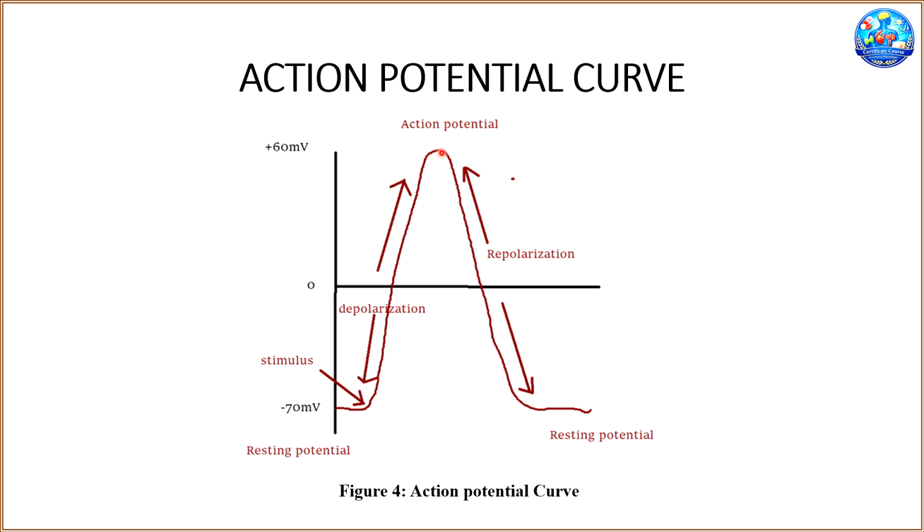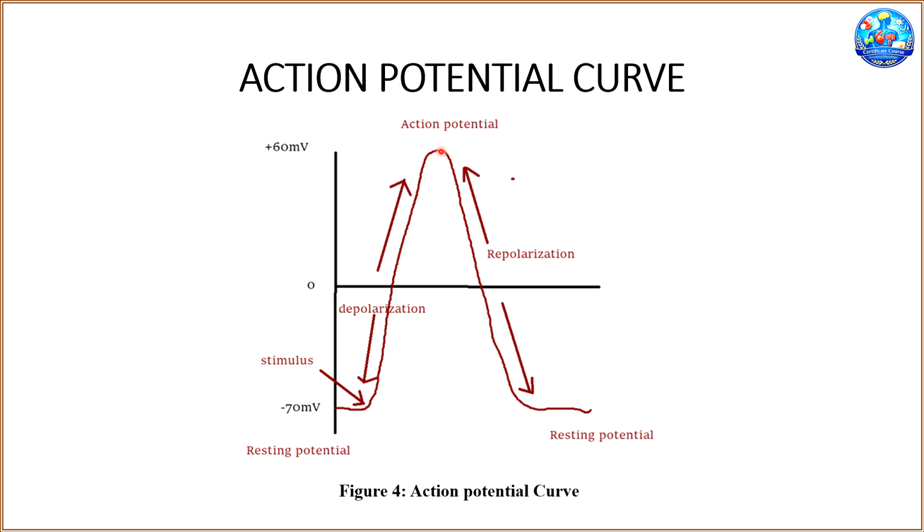Once it has reached this state, again it has to come back to the resting potential state. This phenomenon we call repolarization. So here we have depolarization and repolarization. Once it has reached here, the sodium-potassium pumps open up, and there is active transport of 3 sodium ions out of the cell and 2 potassium ions into the cell.